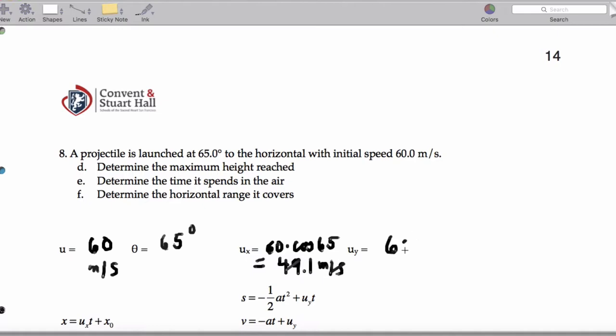Similarly, 60 times the sine of 65 gives us a y component equal to 54.4. All right, so we've got the x and y components of the speed.